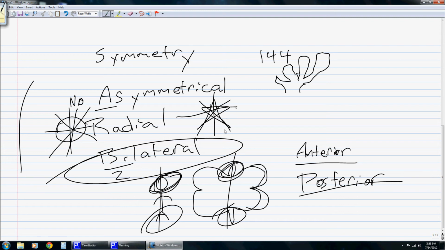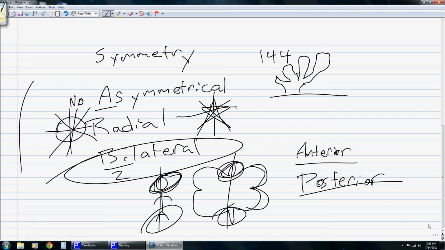You wouldn't even really have to know too much about each of them if you understood that the bilateral ones are going to be more complex. They're going to have more complex organ systems. They're going to have more complex sensory organs. Their brains are going to be better developed, because like a sponge, does it have a brain? No. It just has little cells that all work together. And we'll talk more about that again, or you can go on the interweb and learn more about it.